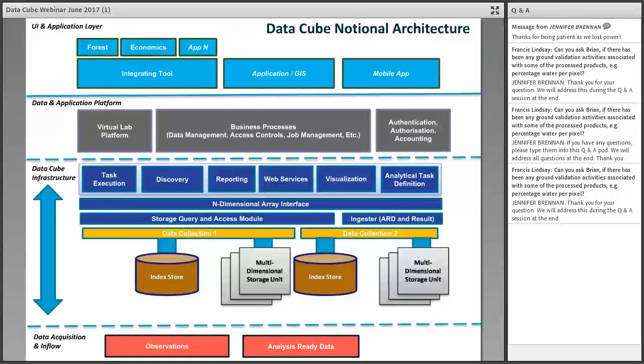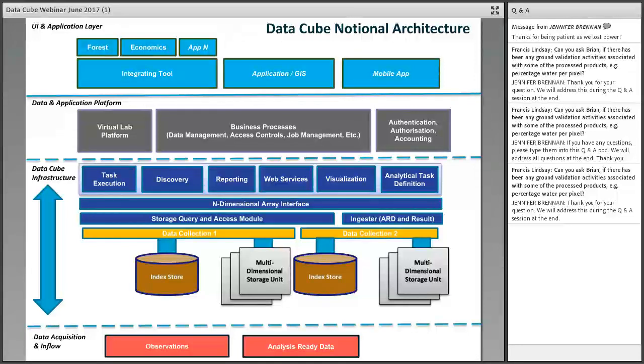That's what the data cube is actually doing. There are a number of components to that. Again, these are in various levels of maturity. I'm going to start at the bottom and work my way up because that's more or less how we've been developing this, and it is a good sign of the maturity. So in the data cube, a data collection, a set of satellite data, is indexed, and a number of multi-dimensional storage units are created.